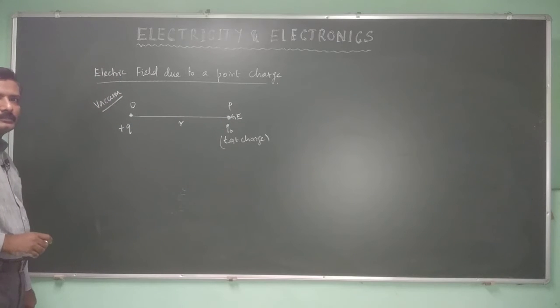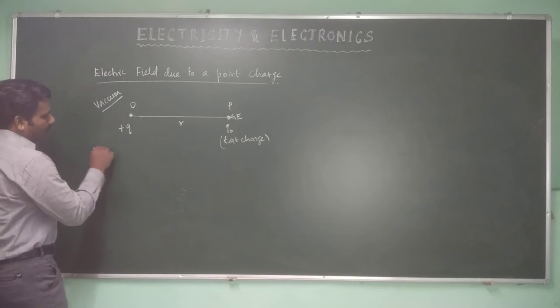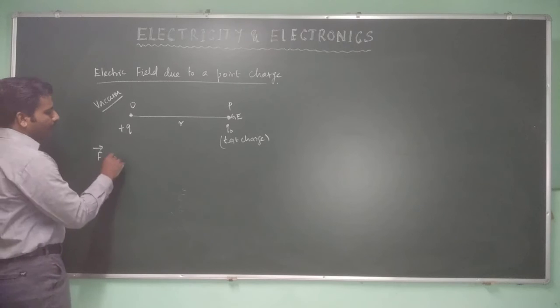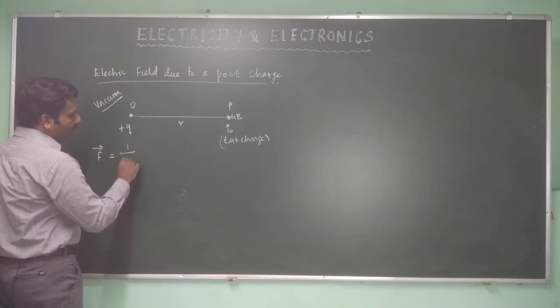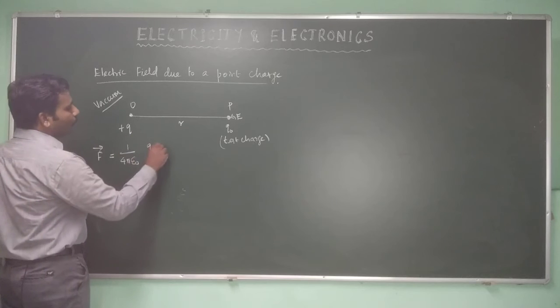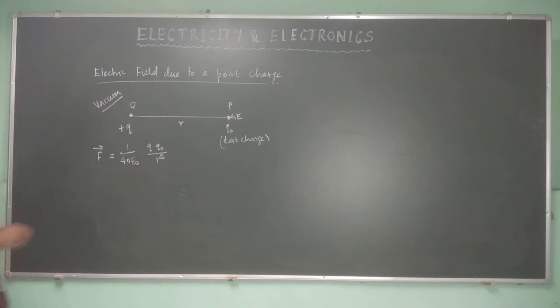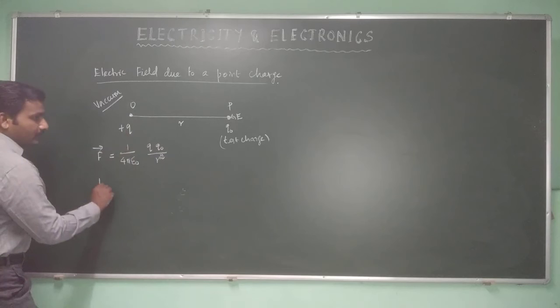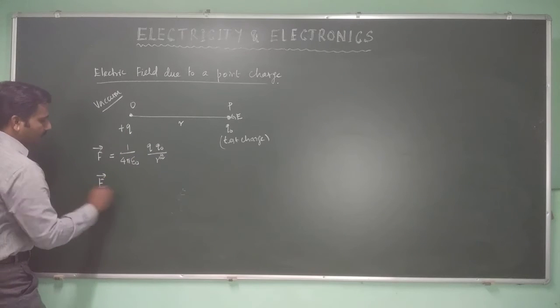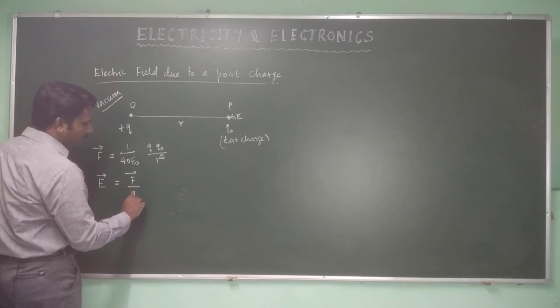This is the question. If you write the equation for force according to Coulomb's law, you can write 1 by 4 pi epsilon naught Q Q naught by R square. Now, as per the definition, the electric field is nothing but force per charge.